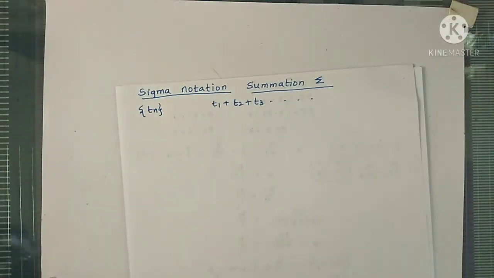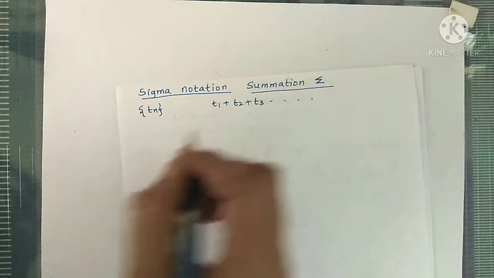It may be an infinite sum, or you can take finitely many terms and add them. That is a finite series. And if you take infinite terms of the sequence, then this becomes an infinite series. Okay. Now let's study summation or sigma notation.